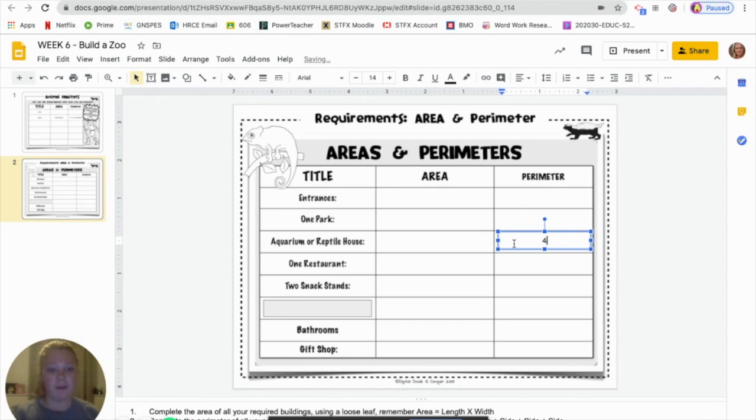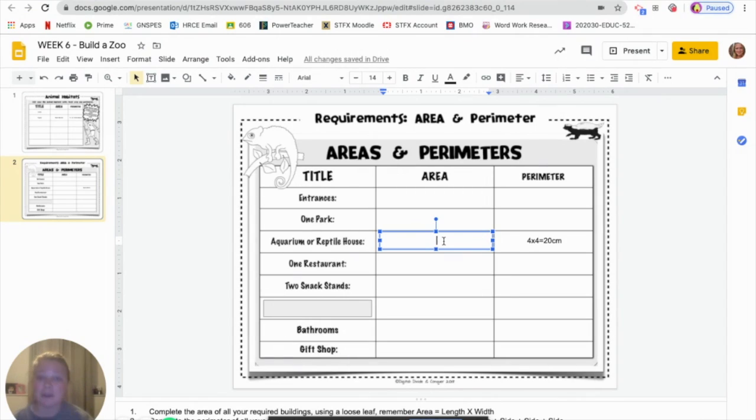So 4 squares, and then a square has 4 sides, so we're going to do times 4 because that's my formula for a square. And 4 times 4 is 20, and I have to remember my unit of measurement, which is centimeters.